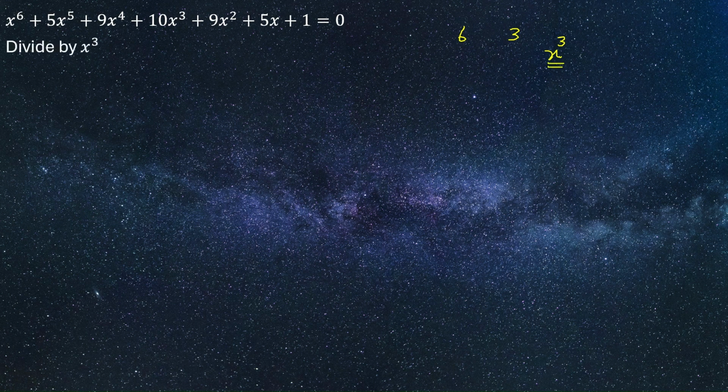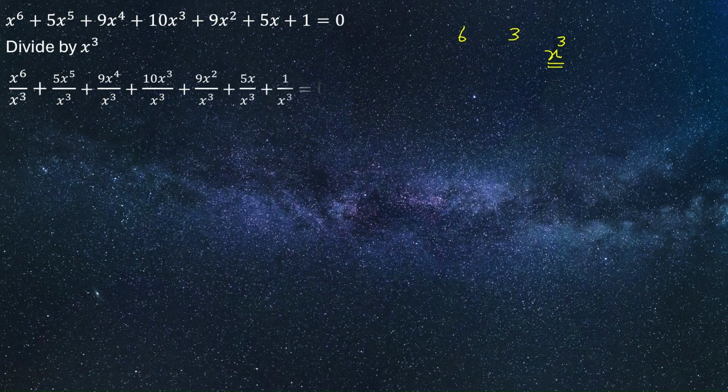After dividing this equation by x^3, we get x^3 + 5x^2 + 9x + 10 + 9/x + 5/x^2 + 1/x^3.